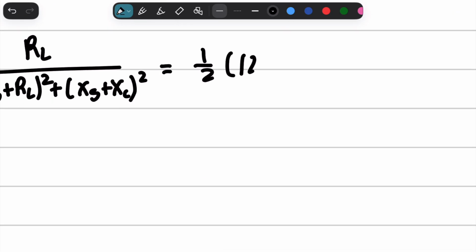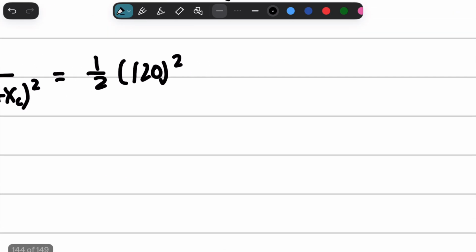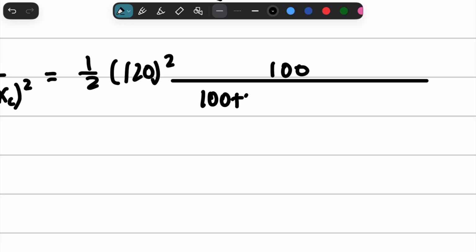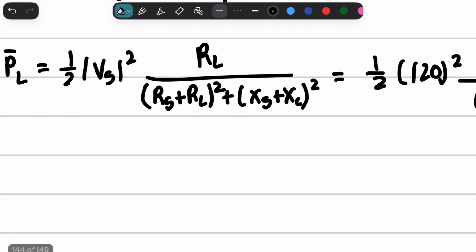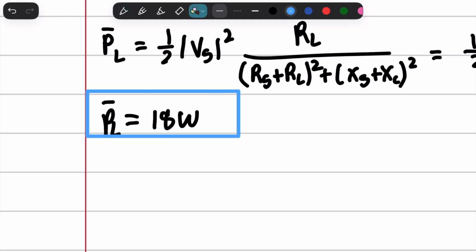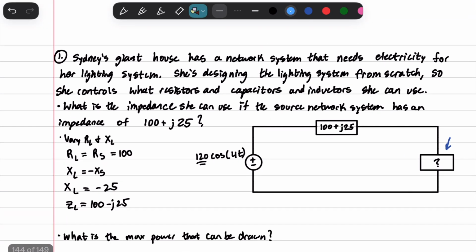So 120 squared times 100 divided by (100 plus 100) squared plus 0, because 25 minus 25 is just 0. And correct my math if I'm wrong, but I've already pre-calculated this, PL average is going to be 18 watts. So Sydney's lighting system draws 18 watts of power.